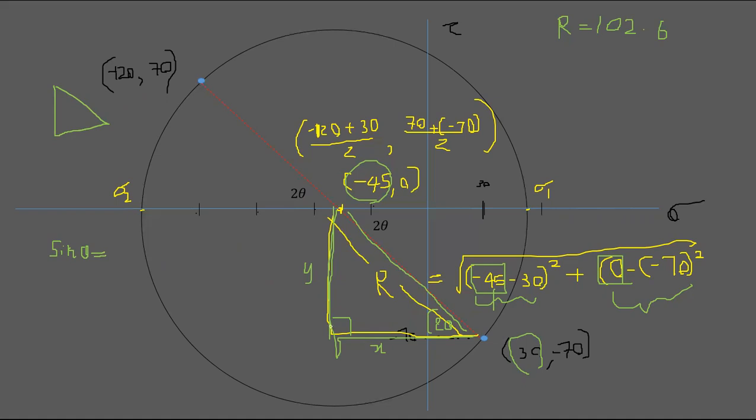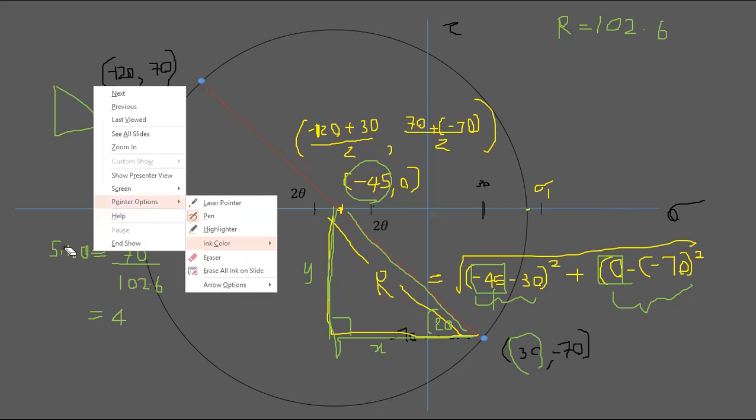This is 0, this is 70. The magnitude is 70, not negative, okay? Because we are taking a simple triangle. And sine theta, and then radius is 102.6. So you can take the sine inverse of this. That will give you 70 over 102.6. So this is 43. Not this, this is sine 2 theta.